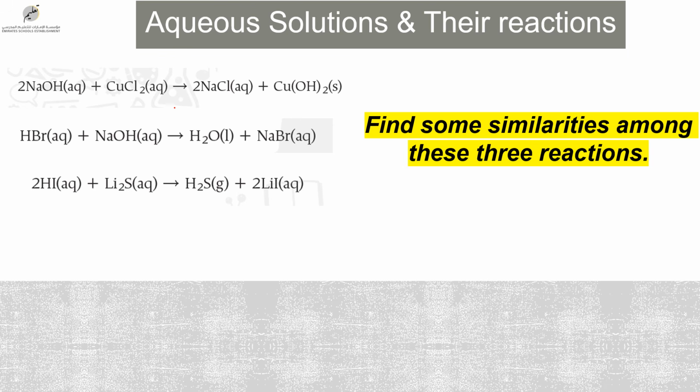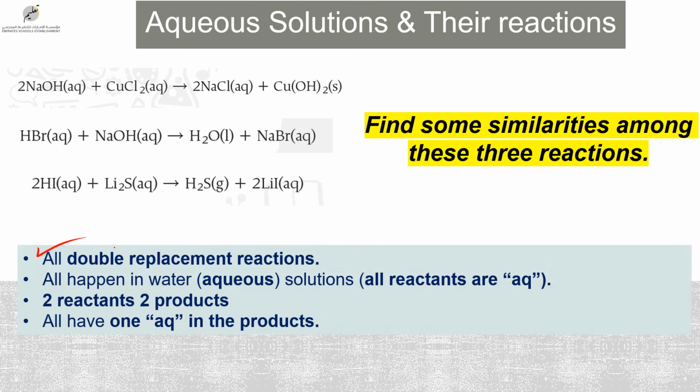And what is different? You can think about a lot of things, okay? First of all, all of them are double replacement reactions, right? All of them are like AB plus CD gives me AD plus BC.